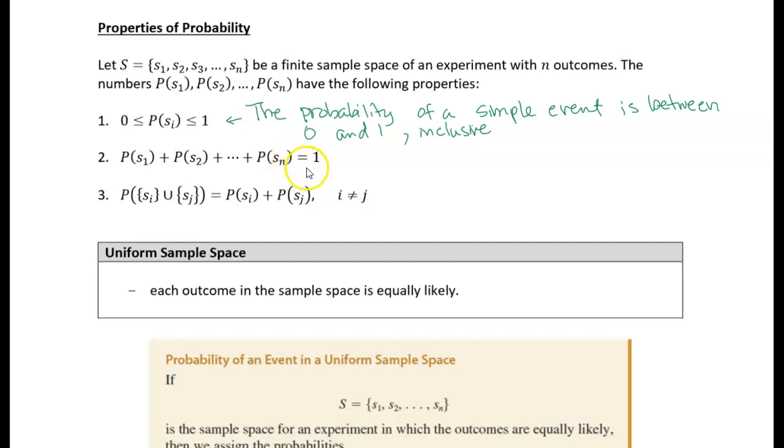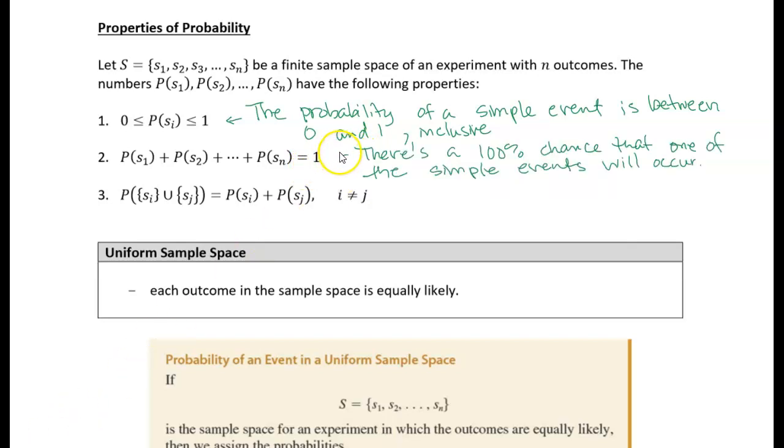Essentially, there's a 100% chance that something in the sample space is going to happen. That makes sense because if we've got a complete list of all the simple events, which are all of the possible outcomes, then it's certain that we're going to get some sort of outcome.